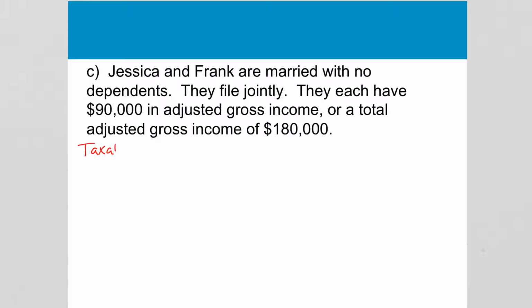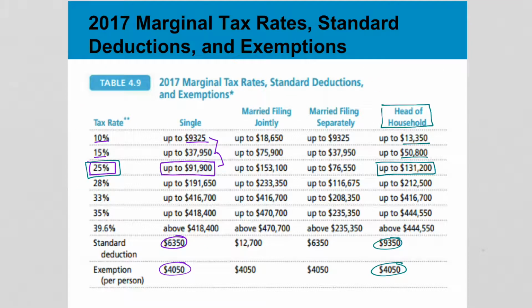So their taxable income is $180,000 minus, married filing jointly, the standard deduction is that, and $4,050 per person.